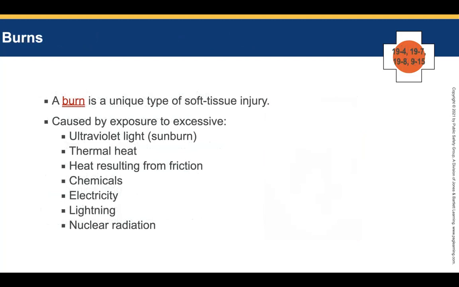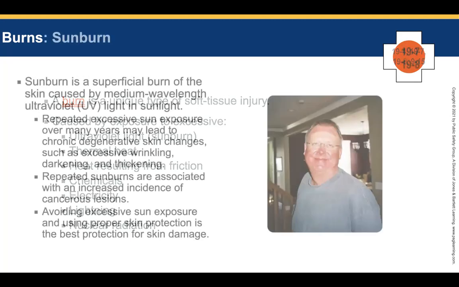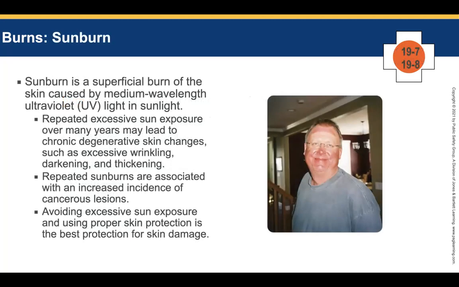A soft tissue burn is a unique type of soft tissue injury caused by exposure to ultraviolet light, sunburn, thermal heat, friction, chemicals, electricity, lightning, or nuclear radiation. Sunburn, we see this all the time. People not bringing sunscreen, burn easily.